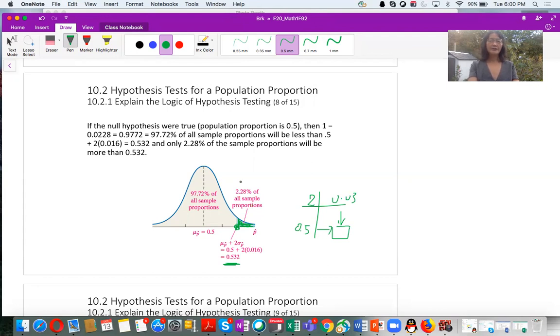So that means only 2.28% of the sample proportions will be more than 0.532. That is another way to say why we reject H0, because only 2.28% are more than 0.532.